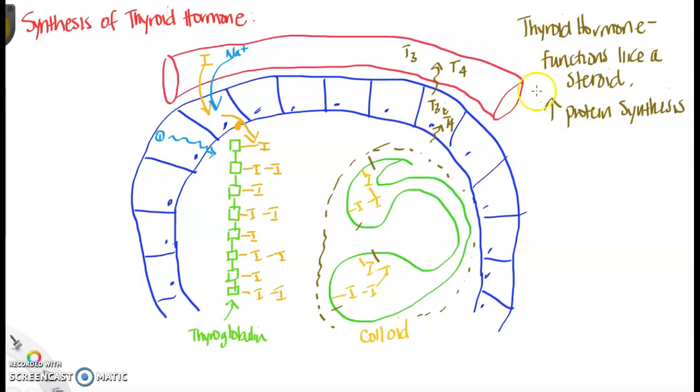So thyroid hormone targets most body cells. It diffuses right into the cell through the plasma membrane and connects to a receptor that's inside of there.